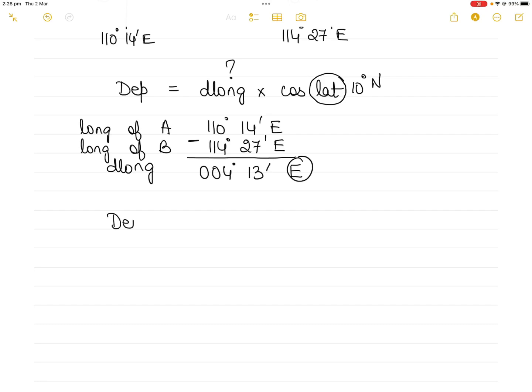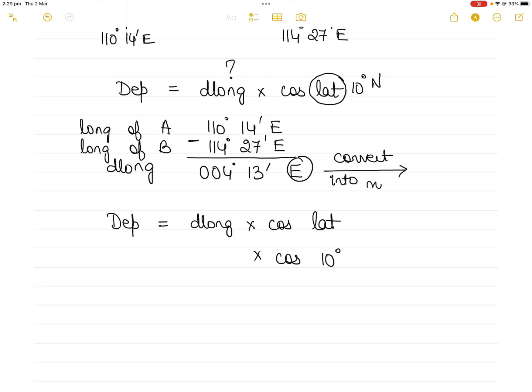So when you write the formula departure equals D long multiplied by cos of latitude, you can write the latitude in degrees because there is a cos preceding it, but you cannot write the D long in degrees and minutes as you have obtained it. So what do you do? You convert it into minutes.